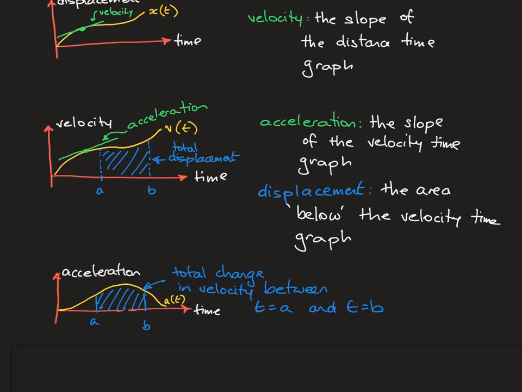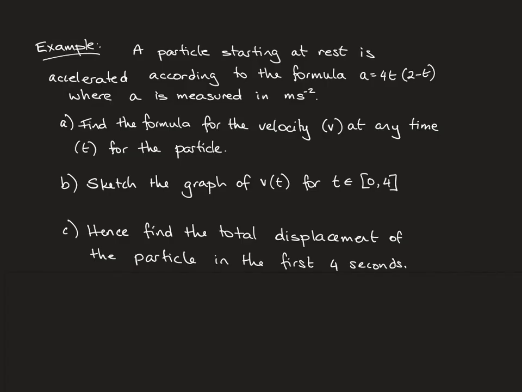So if we have an acceleration graph and we integrate, we find the area under the curve, and that will be the total change in velocity between t equals a and t equals b. Okay, so let's do some kinematic questions.